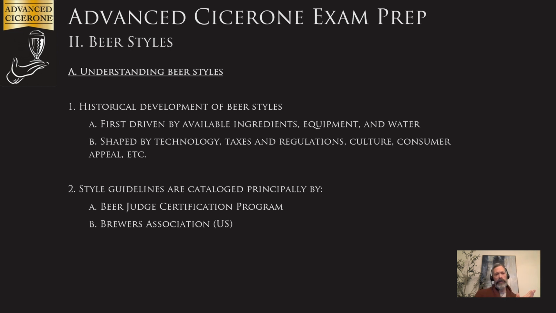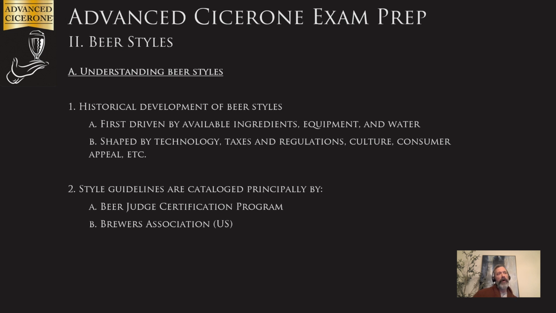And this is literally copy paste from the syllabus, talking about available ingredients historically, the equipment, the water, before they even had technology, but then technology innovations that might have changed the making of beer. Some different countries had different things, implications like taxes and regulations, culture over time, the trends that came and went, and consumer appeal, things that became more popular, maybe beers that fell out of popularity.